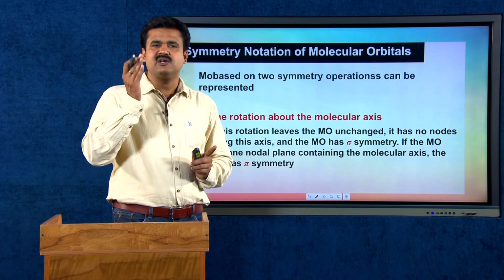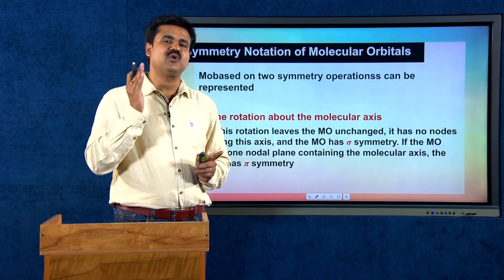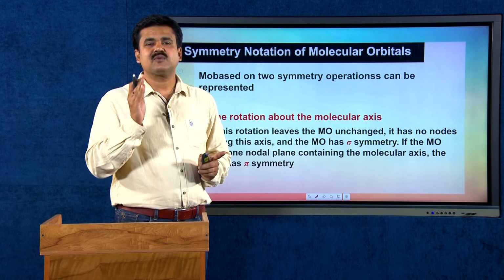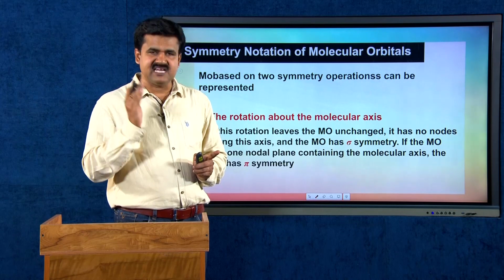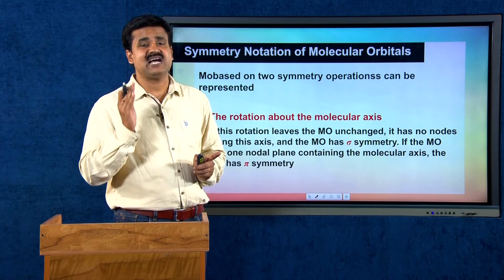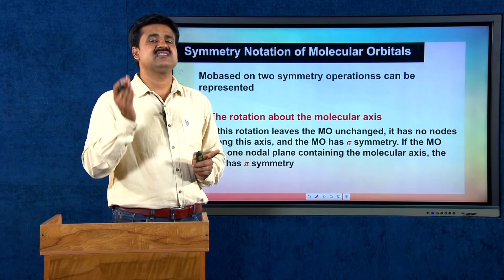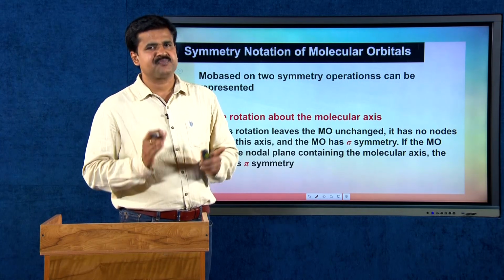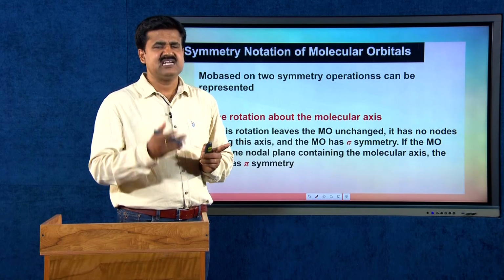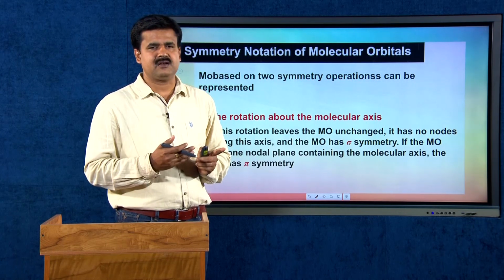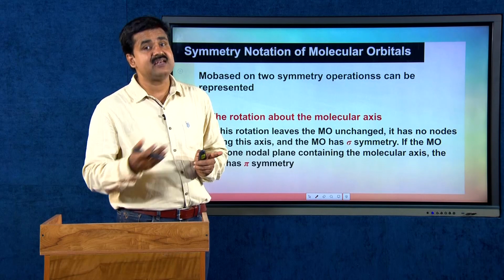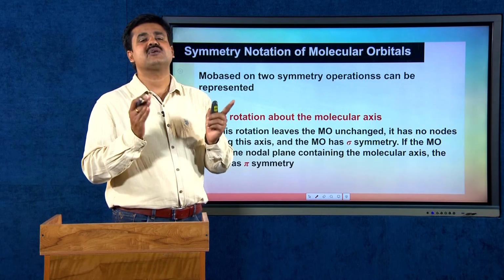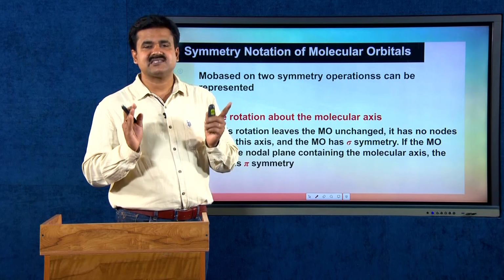If the rotation about the molecular axis keeps the molecular orbital unchanged, then there will be no nodes along the axis and that molecular orbital belongs to sigma symmetry. If this operation changes the molecular orbital, then there will be a nodal plane along the molecular axis.